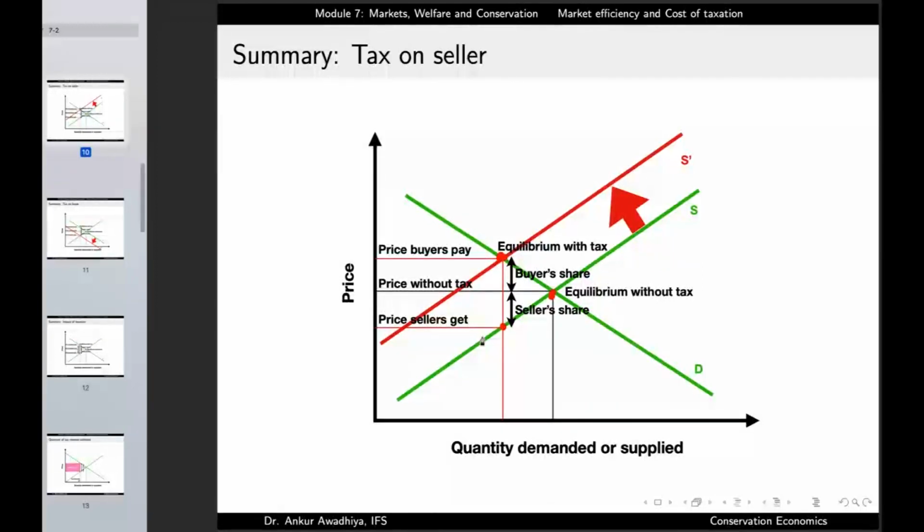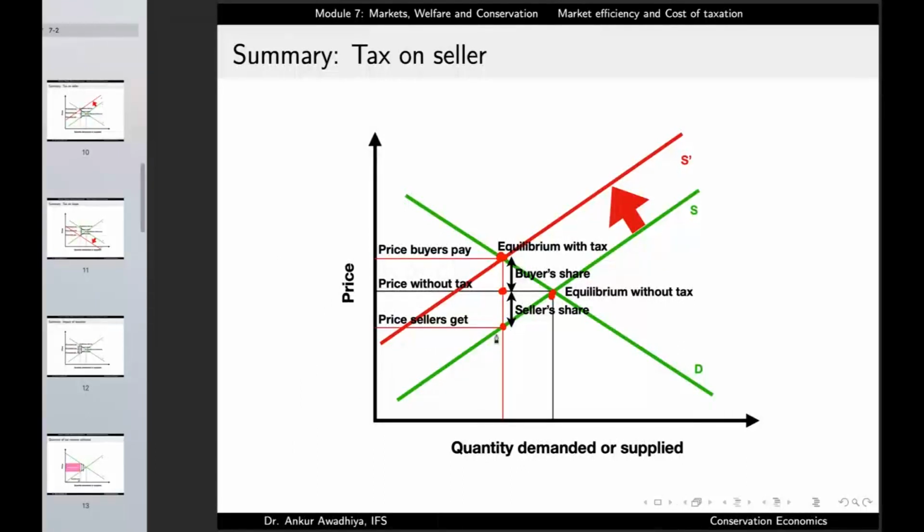So when the government says that 50 paise will be imposed on each sale of the pen, then this is 50 paise. Out of these 50 paise, the sellers are paying a share that is given by the difference between the original price that they were getting and the new price that they are getting.